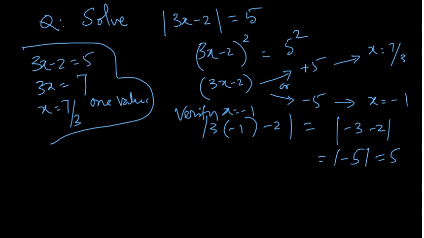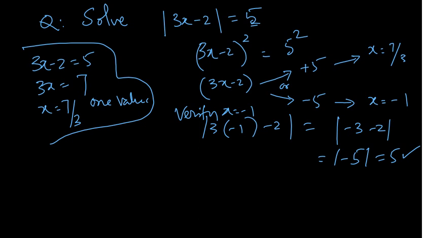You substitute that value, then you get minus 3 minus 2, which is minus 5, and then you take mod of that, plus 5. So you get plus 5 for two values of x. So you got two different values: x equal to 7 by 3 or minus 1.